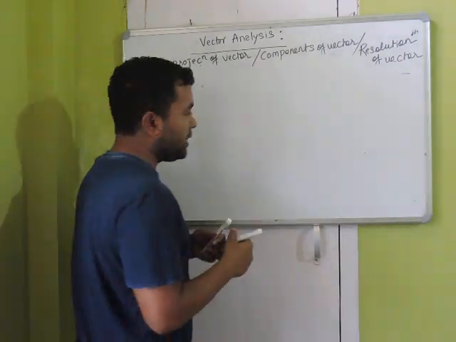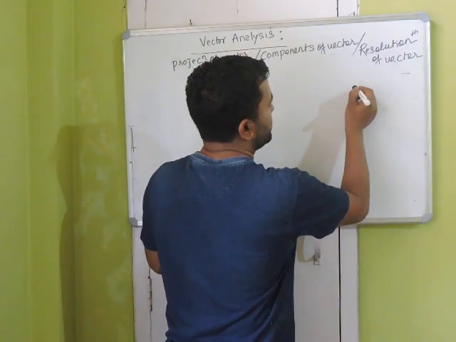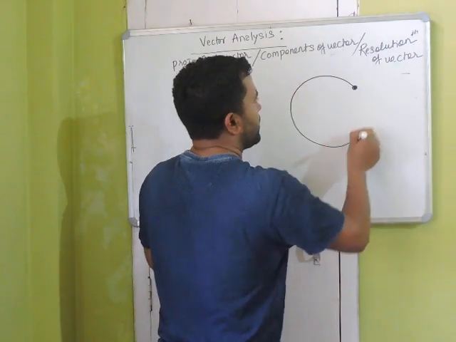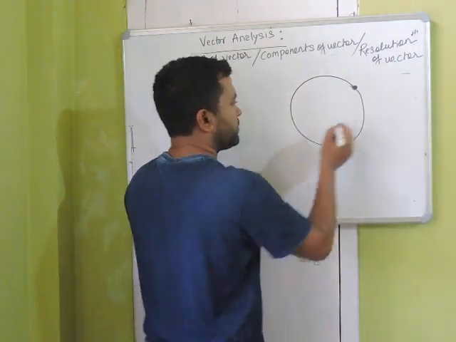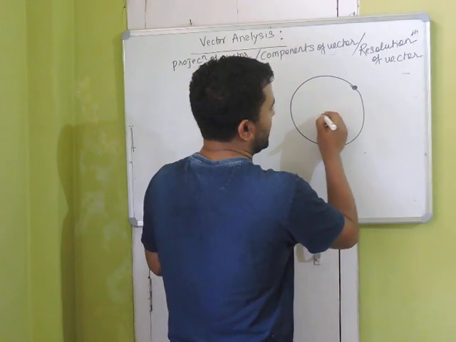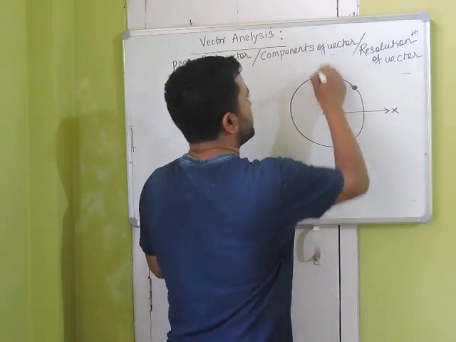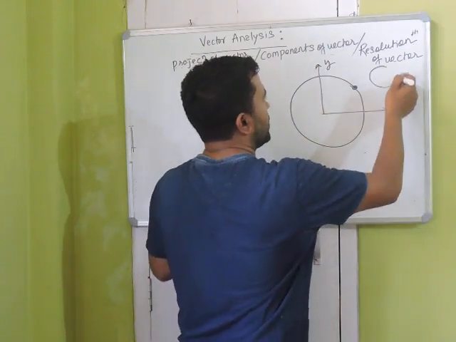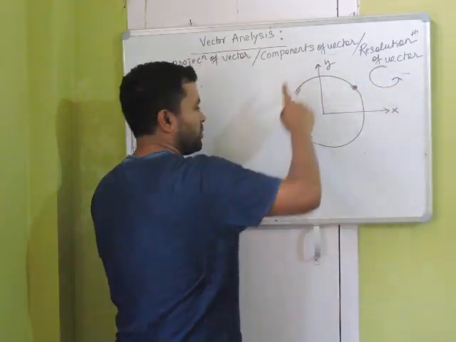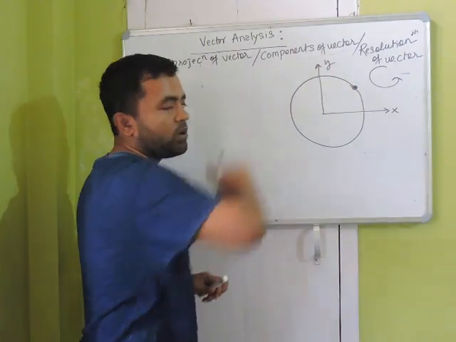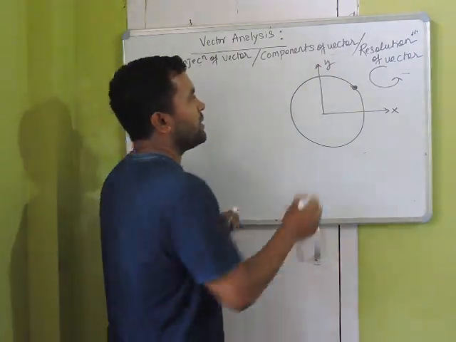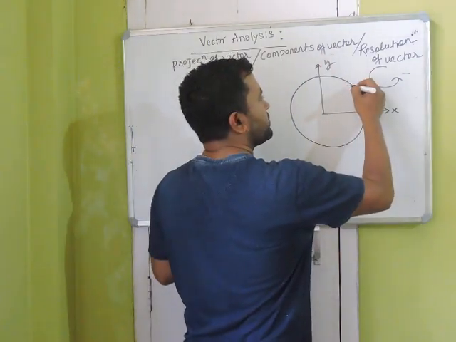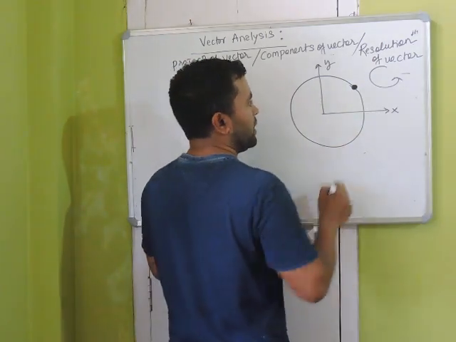So in circular motion the particle is going in a circle, so at any time it can be present anywhere, right? So it is here, here, here, here. Let us say it is rotating like this, uniform circular motion. It is rotating with constant speed. Let us say the particle is here at any time.